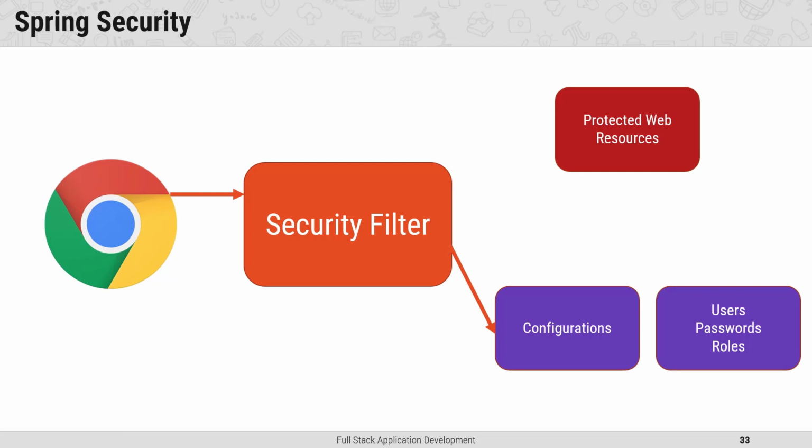The security filter will get that information, and based on that the filter will check whether the user is authenticated or not. And once the user is authenticated, the security filter will allow the user to access the protected web resource.